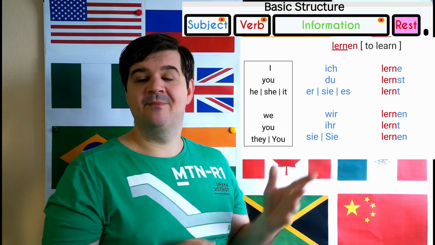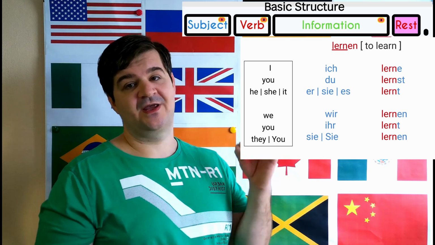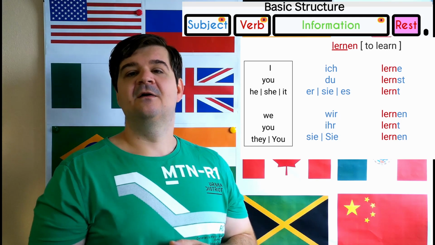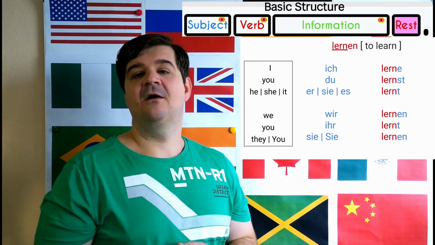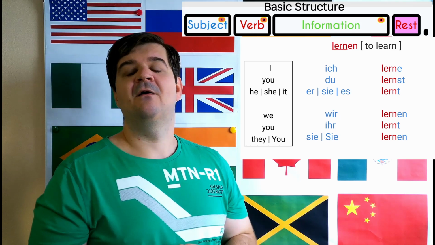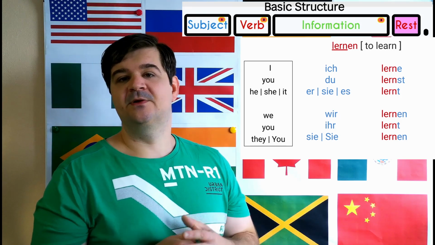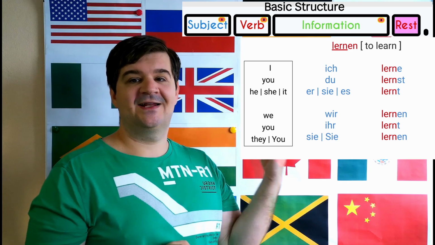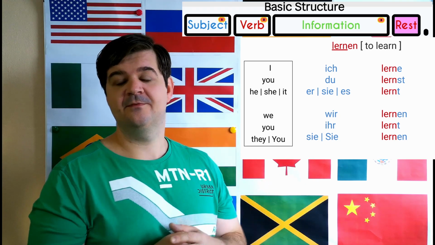And here I put up a table for you guys that you can download again from the description below, which provides you with basic conjugation of a simple verb that is lernen, to learn.